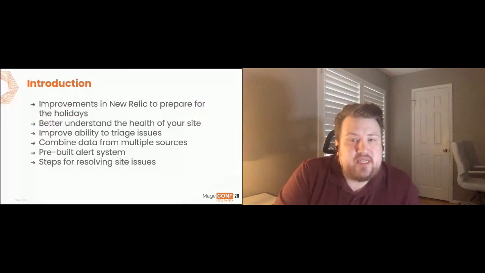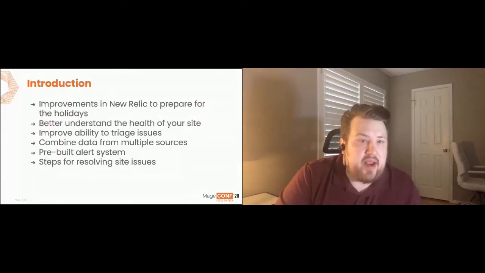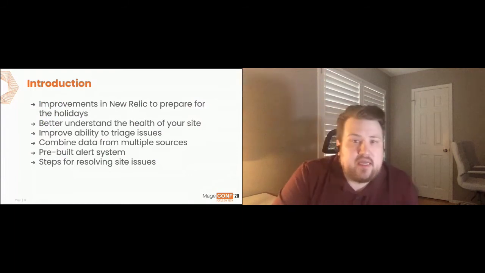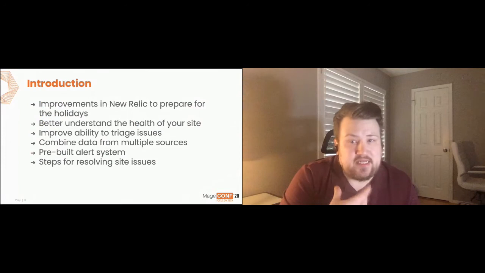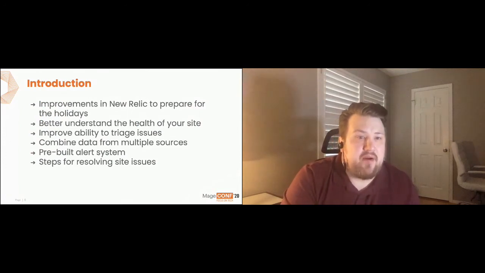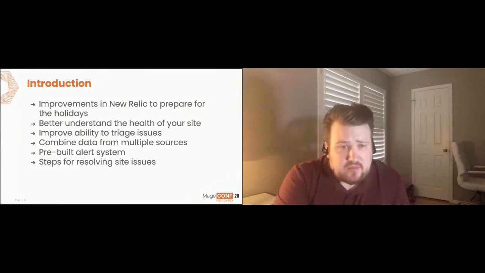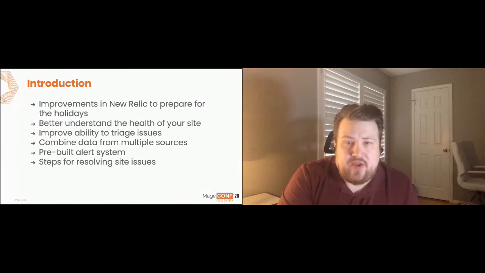The recent improvements we've made to our New Relic configuration have been made to prepare everyone for the holidays. The goal is for all of us, you as our clients, but also us as your support team, to be able to better understand the health of your site. These goals have also been to give us more robust tooling to triage site issues.